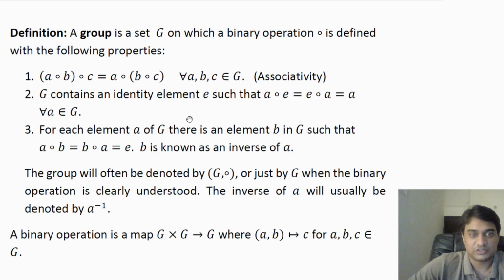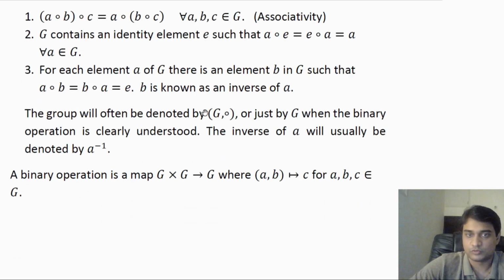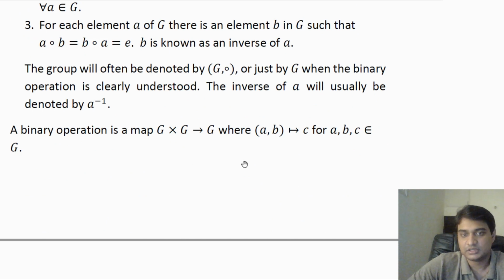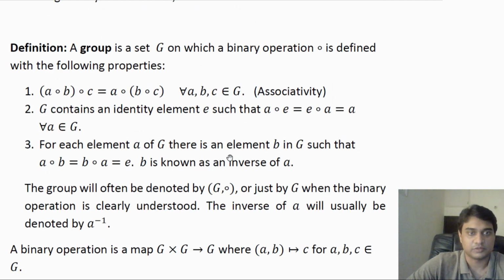So such an operation is known as a binary operation on the set G. More formally, we can say that a binary operation is a map from G cross G to G, which means it assigns an ordered pair of the form (A, B), where A and B are elements of the group, to an element C of G. So such a map is a binary operation. Any two elements, it associates a third element C of the group.